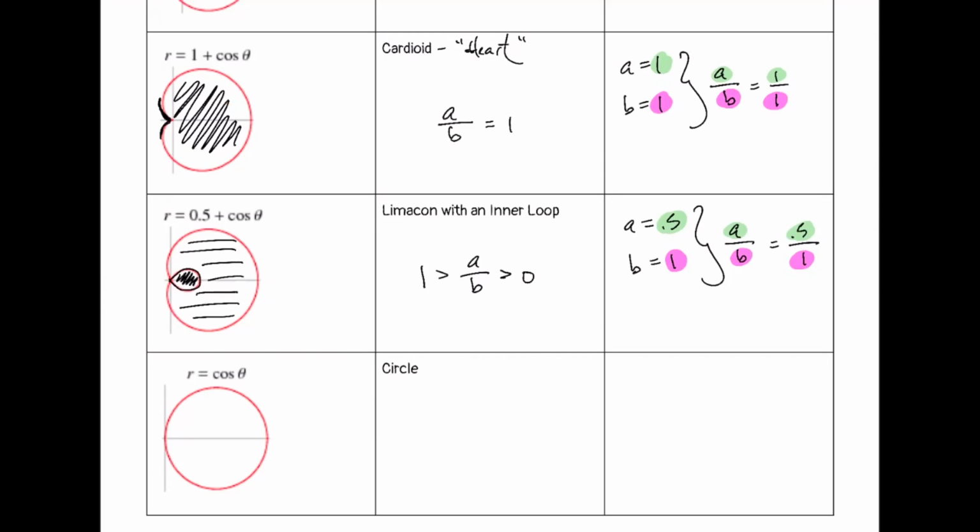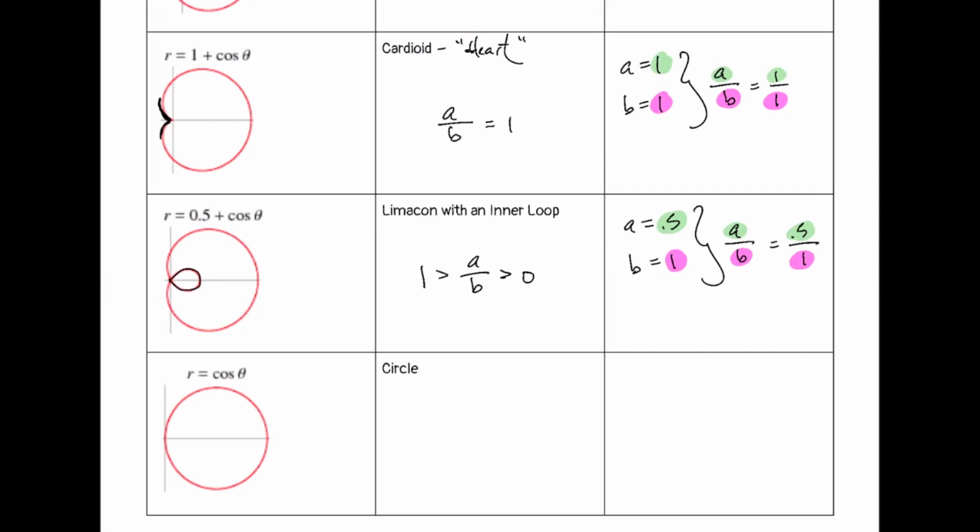So when you're thinking about applications, we're really looking at how do we find area. Another application that you'll look at is how do you find the arc length, or how long around, or the circumference of the shape? Those are some applications that you can look forward to.